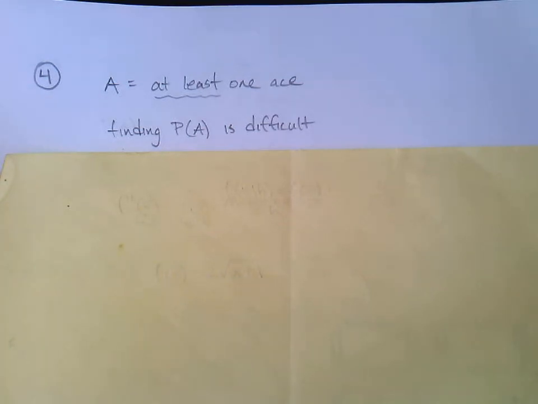Then you have to think about getting exactly 2 aces. And the different ways that can happen are going to go up. So maybe it's the first and the second card that are aces, and the second and the third are not. Or maybe it's the first card that's an ace, the second one is not, the third one is, the fourth is not, right? And we're multiplying these all together, right?